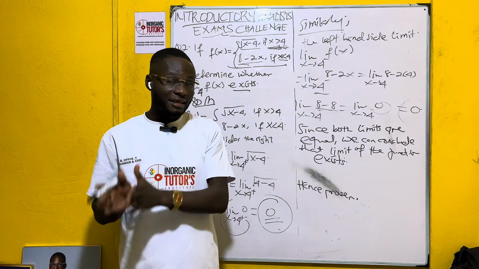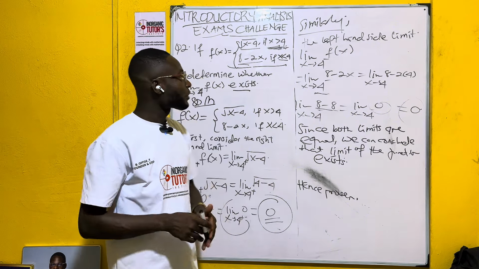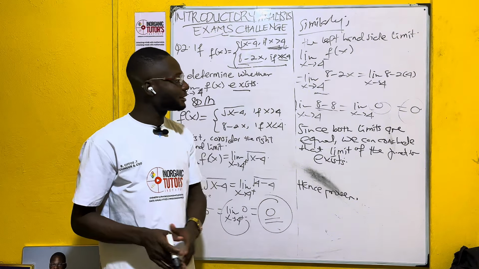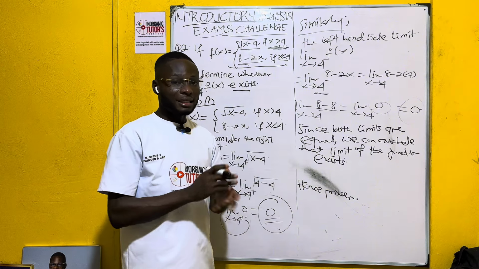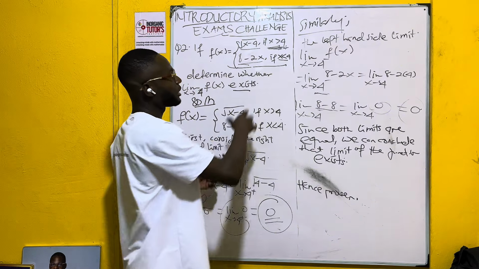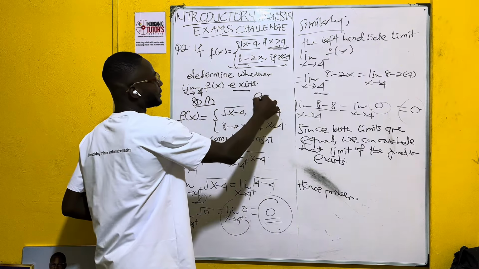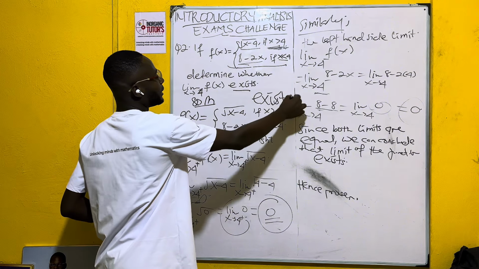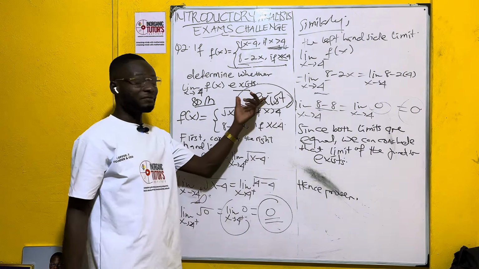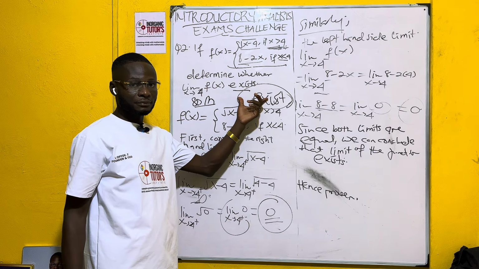You have to check the left-hand sided limit as well. If the right-hand sided limit is equal to the left-hand sided limit, then we can conclude that the limit exists. All right. So for this particular problem, the limit of the function exists.